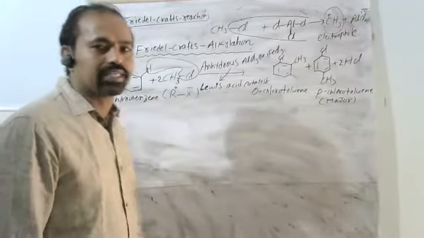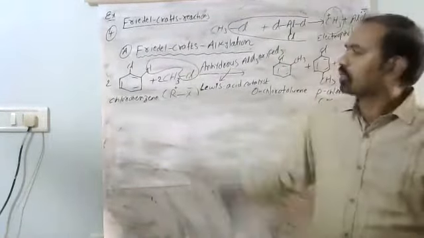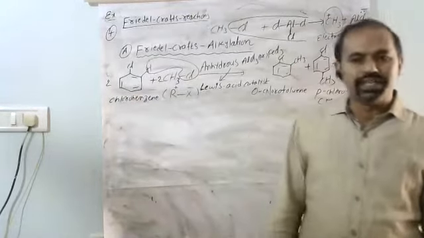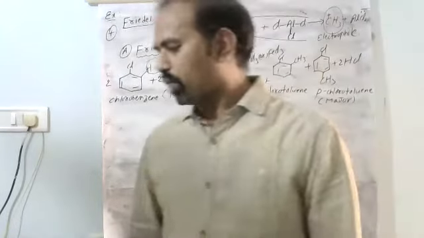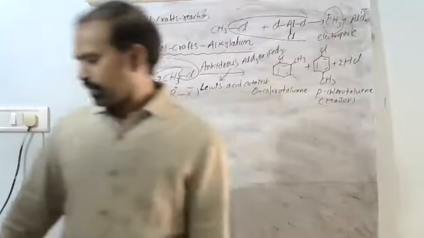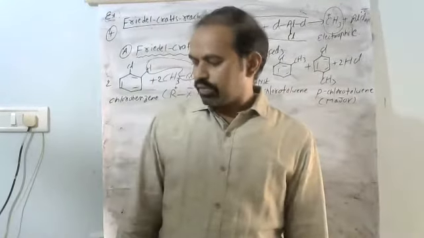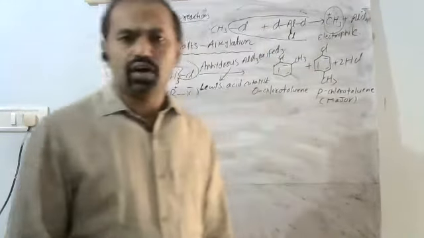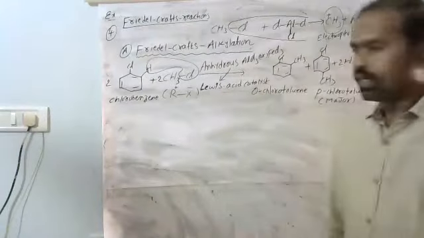What are the products? Same Friedel-Crafts alkylation. Instead of chlorobenzene, if I have taken benzene, what about products? Methyl benzene, toluene. That is only methyl benzene, nothing but toluene, a single product, plus HCl.